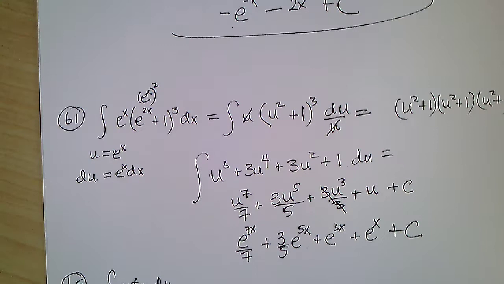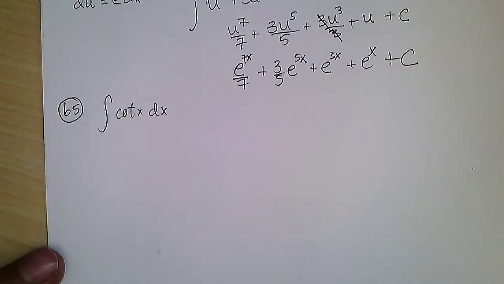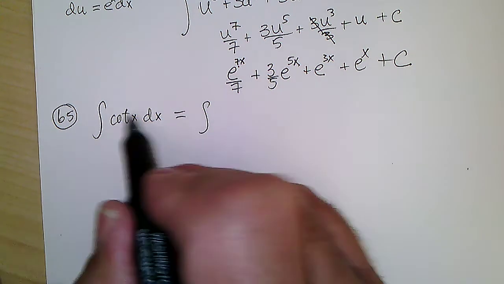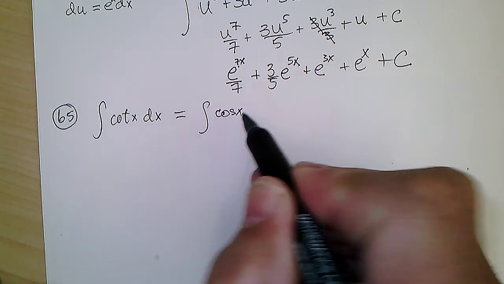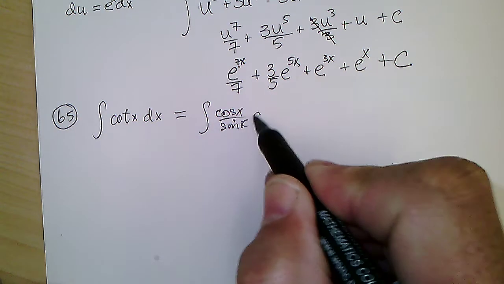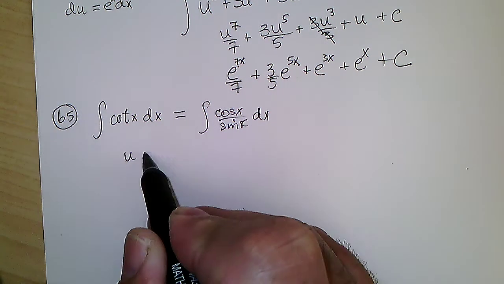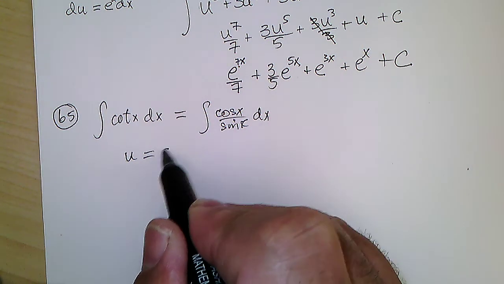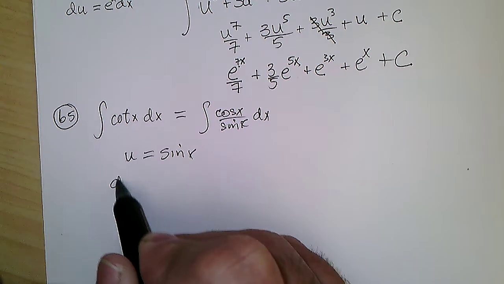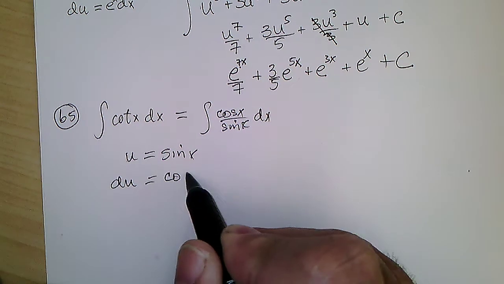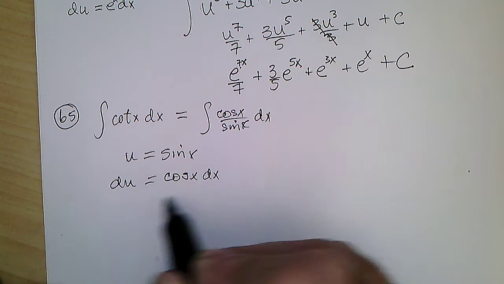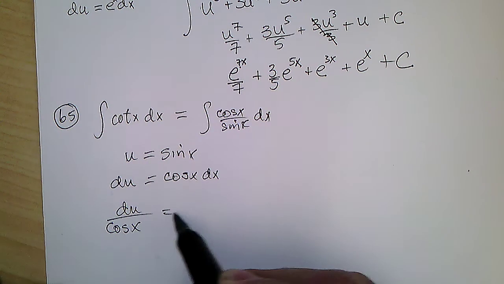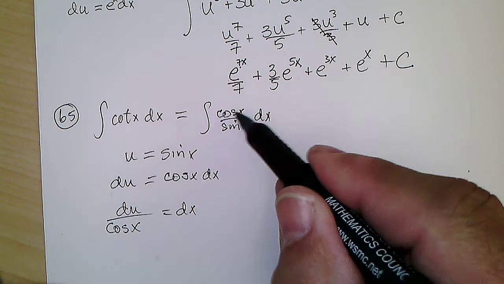And 65. Cotangent is cosine over sine. So I'm going to let u be that denominator. If I let it be the numerator, it's not going to cancel anything. But if I let it be the denominator, then du would be cosine x dx, and there's going to be a cosine that cancels.